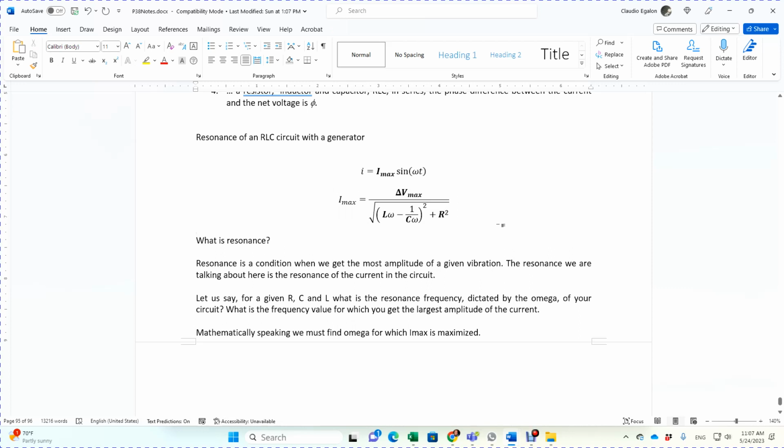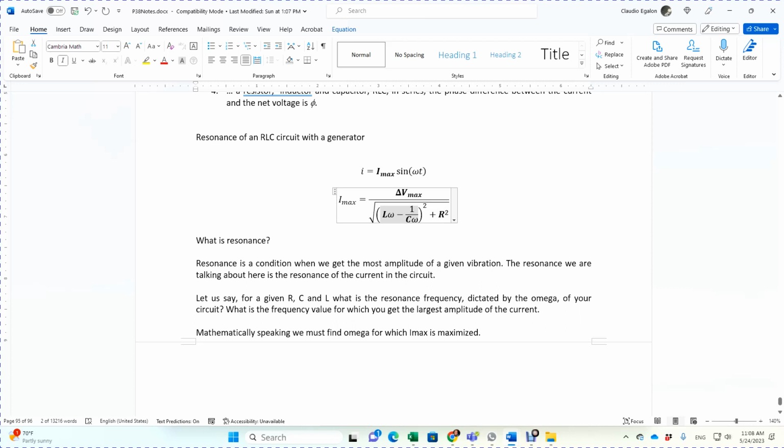Looking very closely at this equation, there is no need to differentiate to find the maximum of this function. All you have to do to maximize this value is to ensure that this term is 0. If this value is not 0, then it's going to be a positive number because it's squared, and it's going to sum up to another value in the denominator.